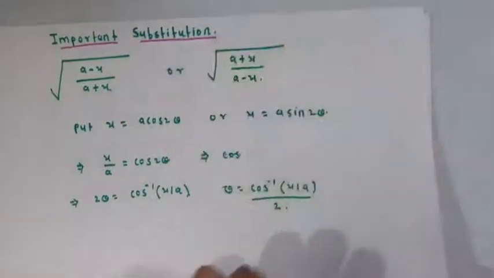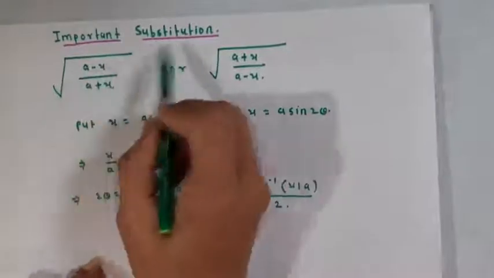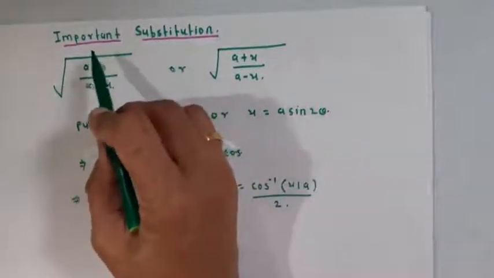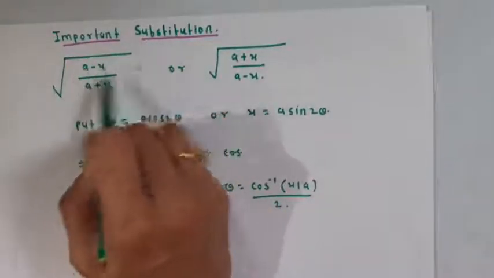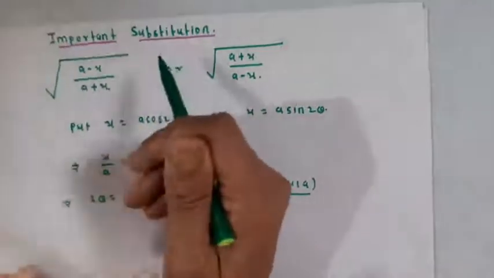Okay students, this is the important note we have to write down, the important substitution, and then you can solve the problems. In exercise 3.2b there are 3 problems, question number 7, question number 8 and question number 9, that we have to solve using this type of substitution.